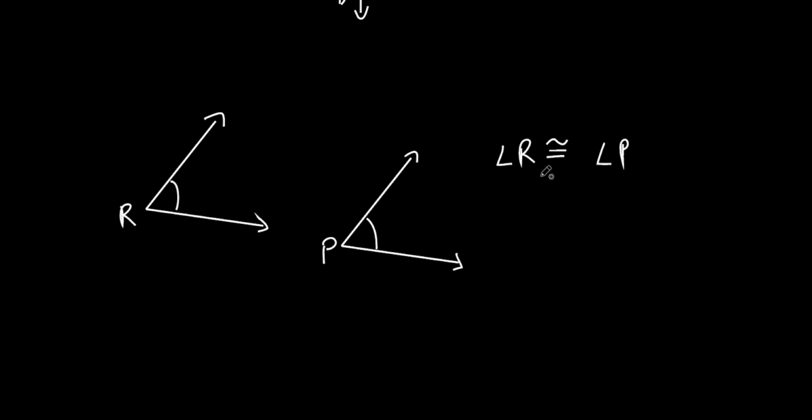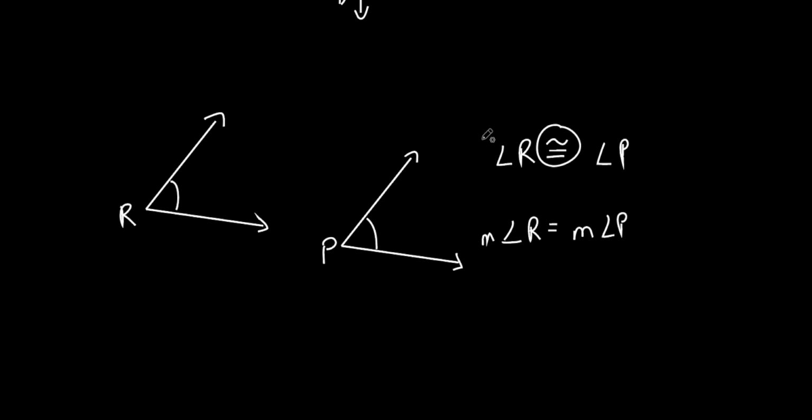A lot of times in the book you'll see them put a little m in front of it. That little m represents the measure of. Actually, I tell you what, you probably wouldn't see it in this situation. You would see it like this. You would say the measure of angle R is equal to the measure of angle P. Do you see the difference?